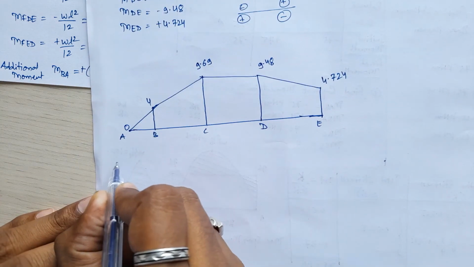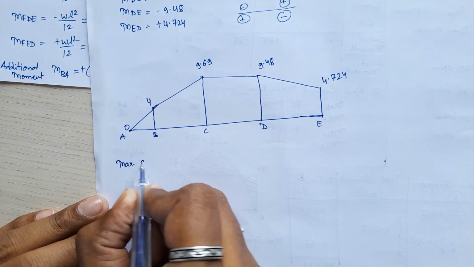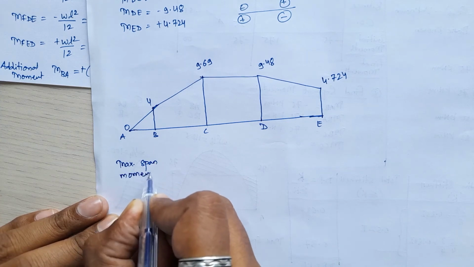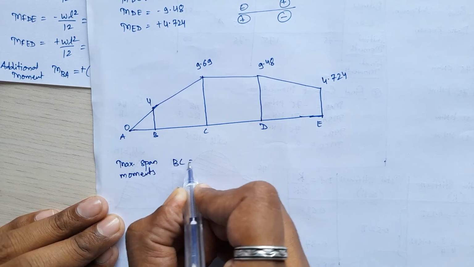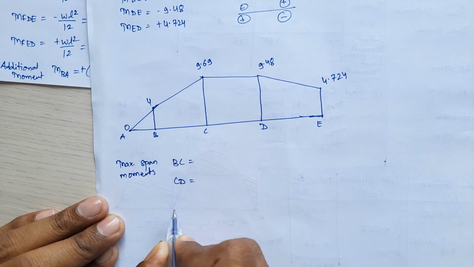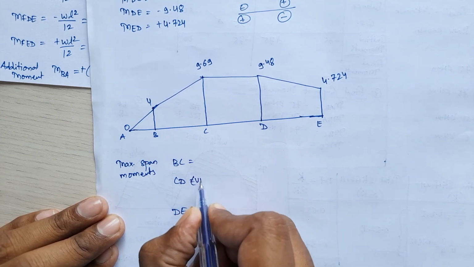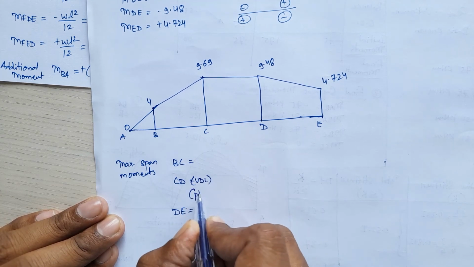After that, what I have to do is calculate the maximum span moments for BC, CD and DE. For BC, CD and DE I am having two, the first is for UDL and the second is for point load.